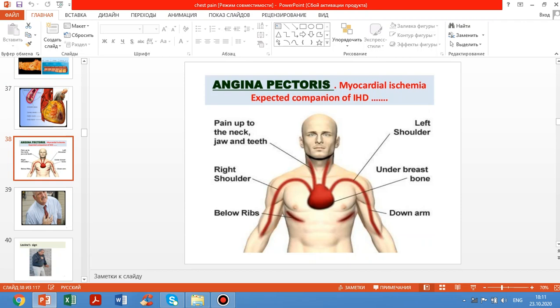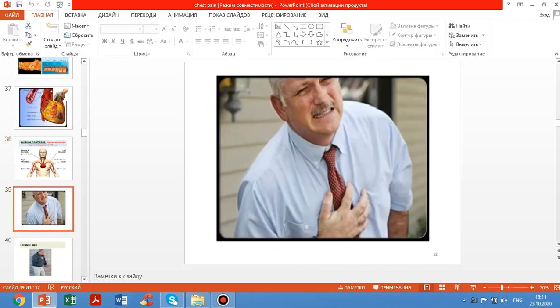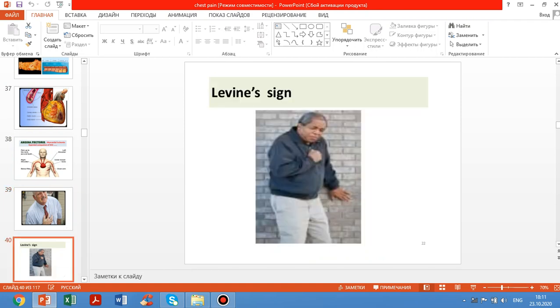Right shoulder, below ribs. Left shoulder, under breast bone, and down the arm. This is a patient with chest pain, the clenched fist. It is called Levine sign.